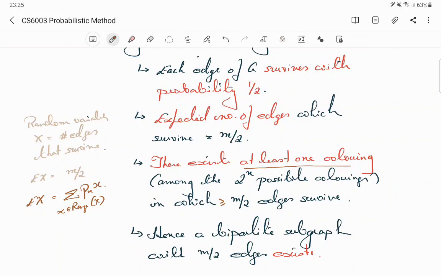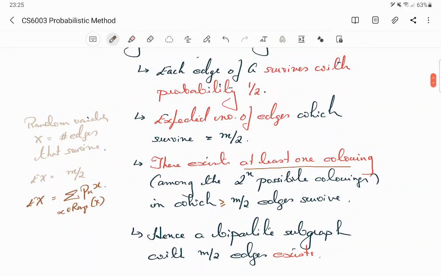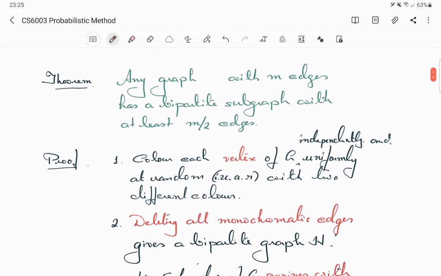The coloring, and the bipartite graph H obtained by deleting the monochromatic edges in this coloring, will give the required bipartite graph, because this bipartite graph has at least m by 2 edges. So this is the proof. This proves the theorem that any graph with m edges has a bipartite subgraph with at least m by 2 edges. Now this calls for a lot of remarks.